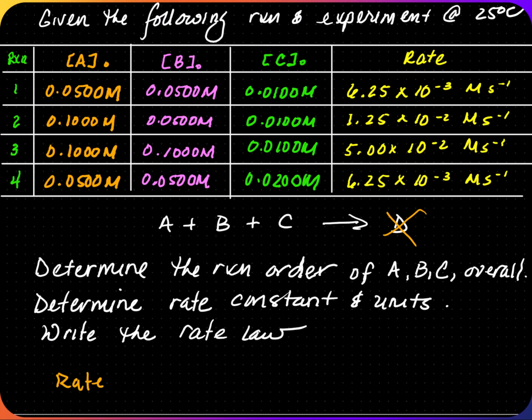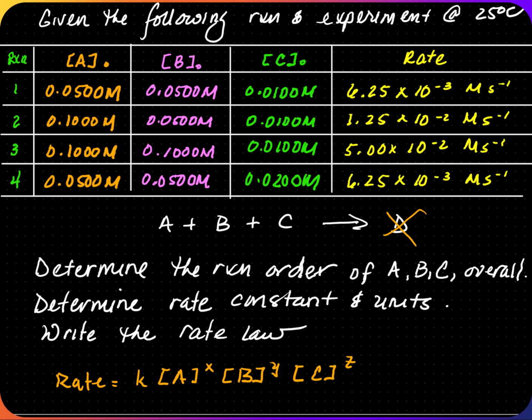So rate equals K, which is the rate constant, my reactant A concentration to some power X, which is the reaction order that we're solving for, times the concentration of B to the Y reaction order, and concentration of C to reaction order Z. Since we don't know if X, Y, and Z are the same or different, we must use different variables.